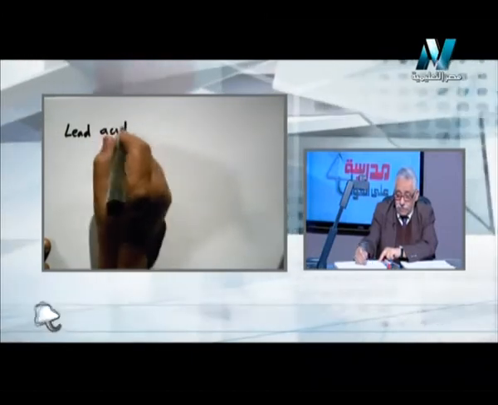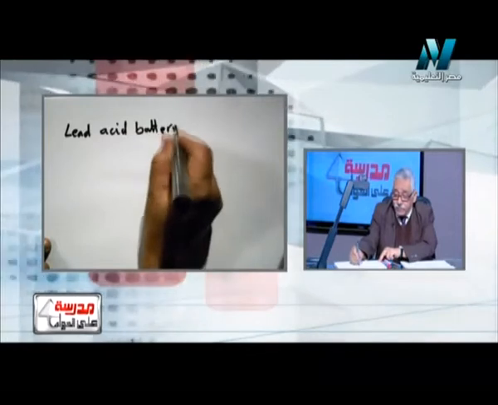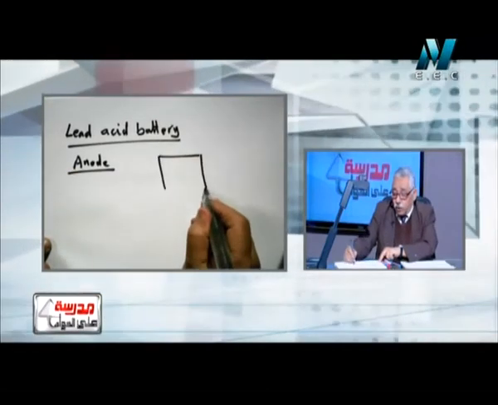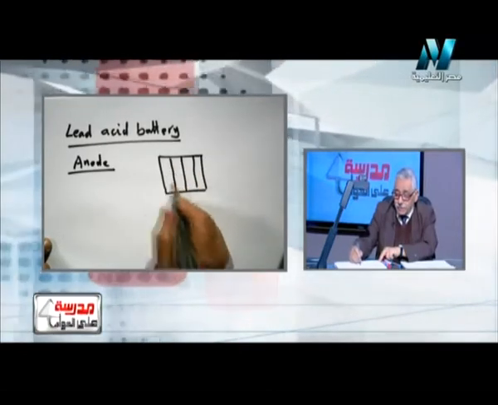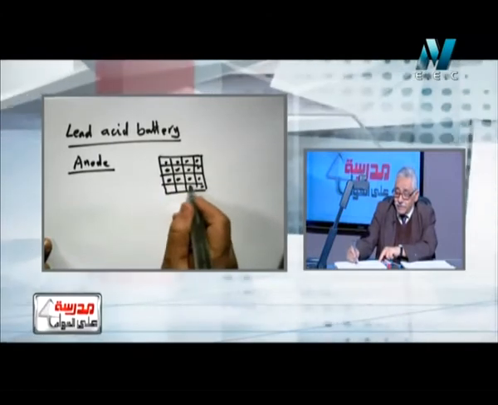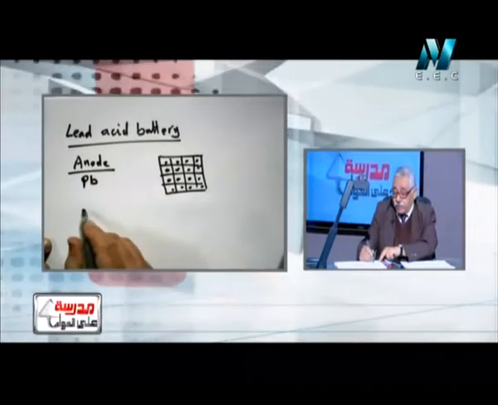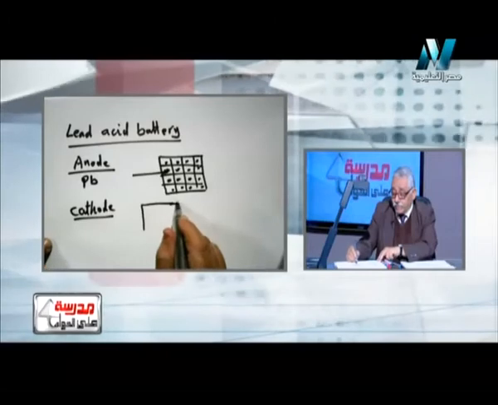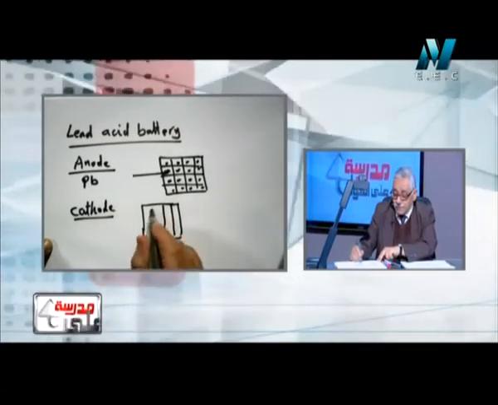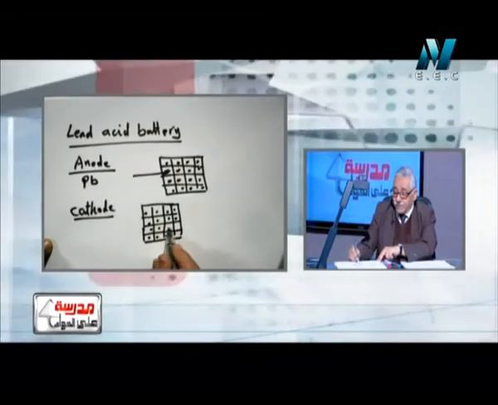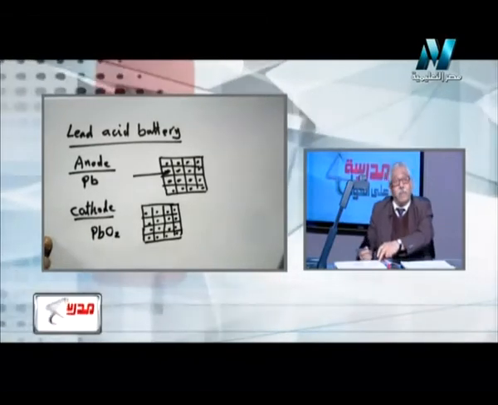The anode is a network of lead filled with paste of lead, Pb, and the cathode is also a network of lead filled with paste of lead dioxide. This is about the anode and the cathode.